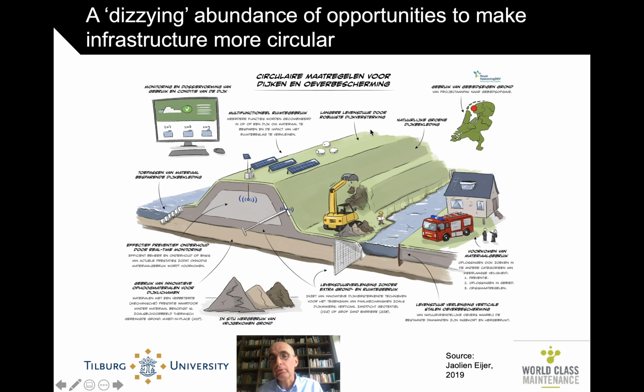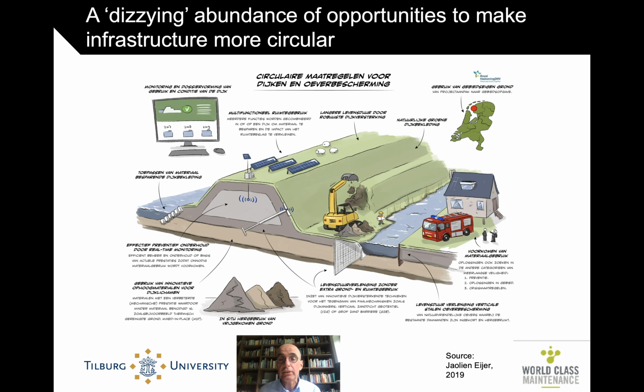We can prolong this material. We can have natural green cladding at the dike. We can have all sorts of lifetime extensions by having smart additions to the sides of the water. So many, we can reuse the material. The story goes on and on.